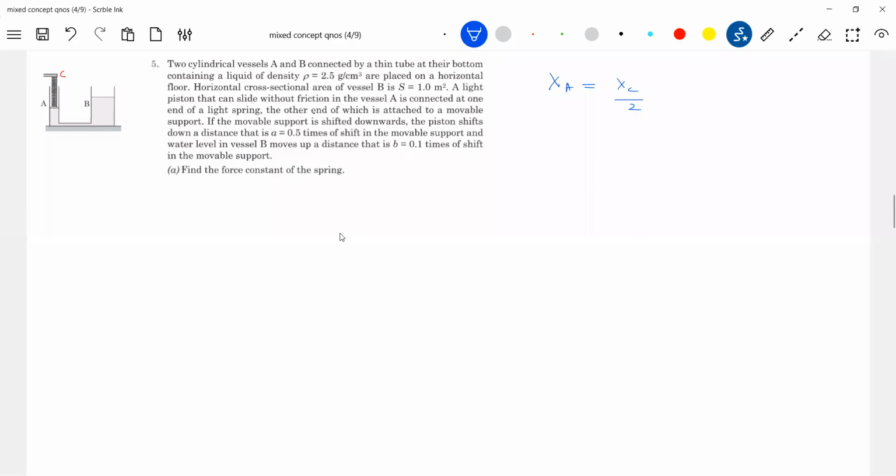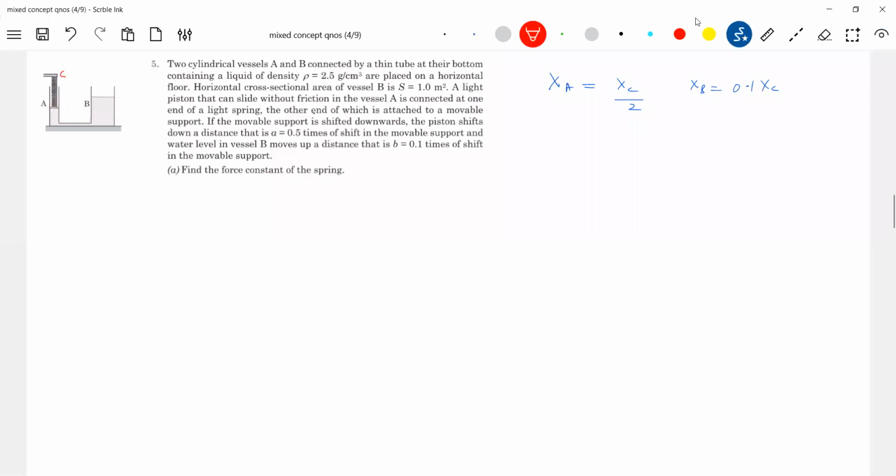The water level in vessel B moves up a distance XB equal to 0.1 times XC. The decrease in volume of water in column A should be equal to the increase in volume of water in column B.